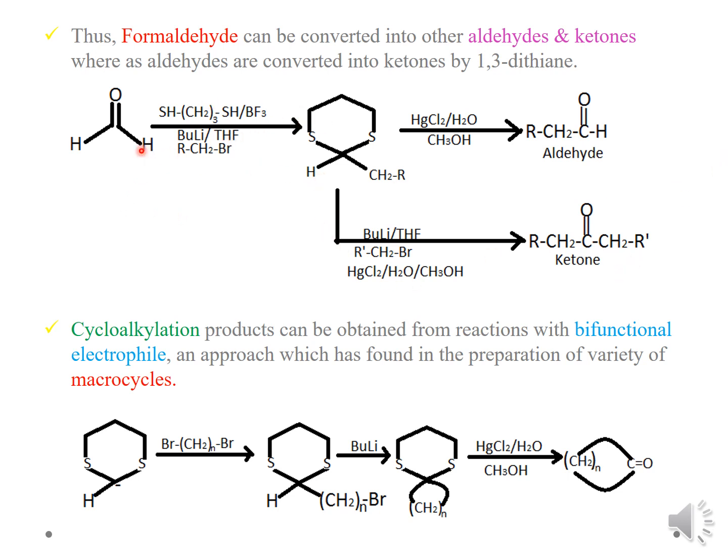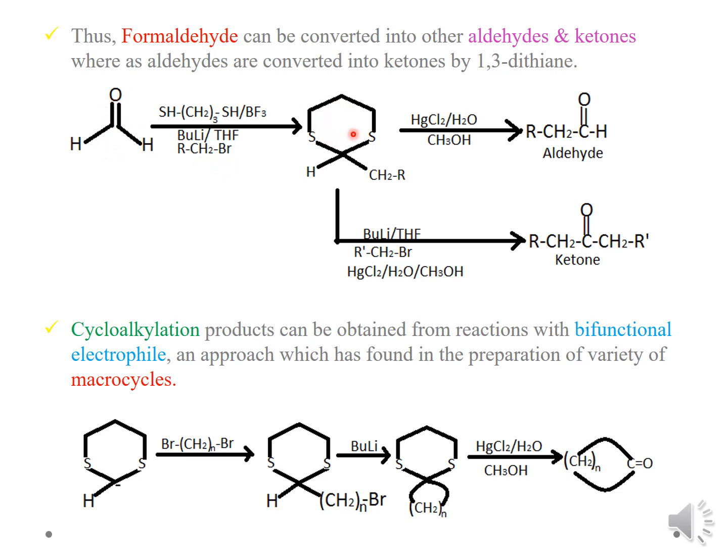Okay, so here if you take formaldehyde and treat it with the same reagent, in the presence of 1,3-propanedithiol, BF3, butyl lithium, THF, and then the alkyl halides, again this gets protected first.